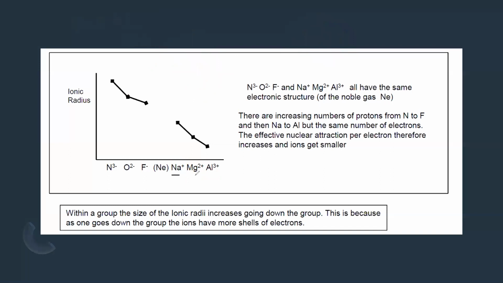When you compare sodium with magnesium and aluminum, why do you observe the size is decreasing? Sodium ion has 11 protons and 8 electrons in the outer second shell.